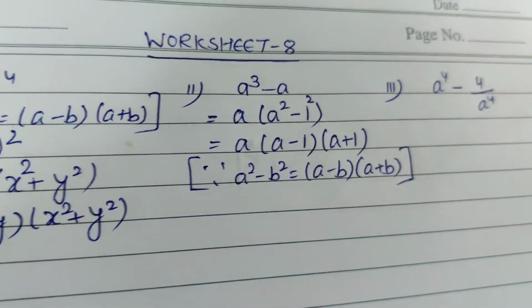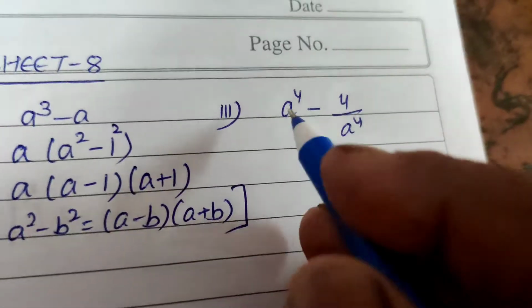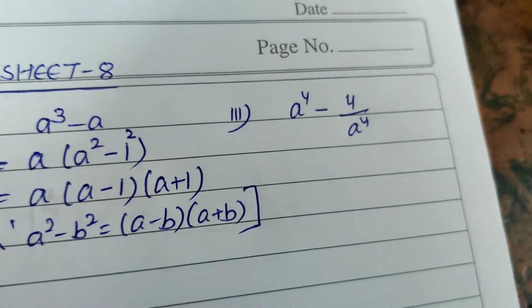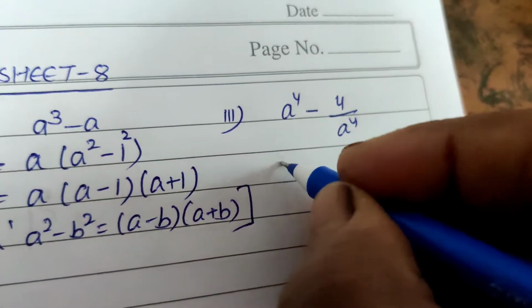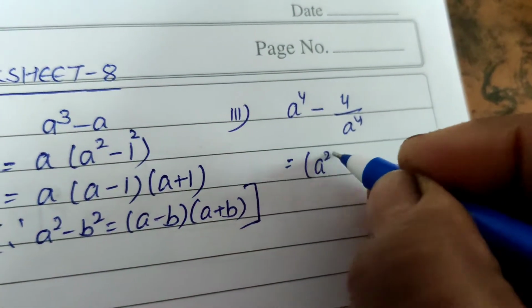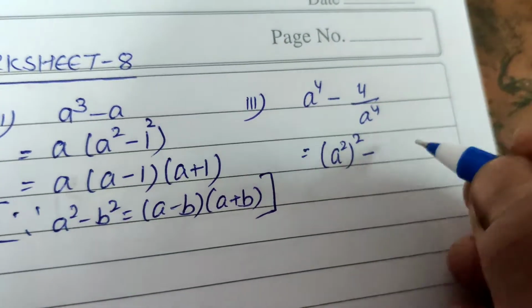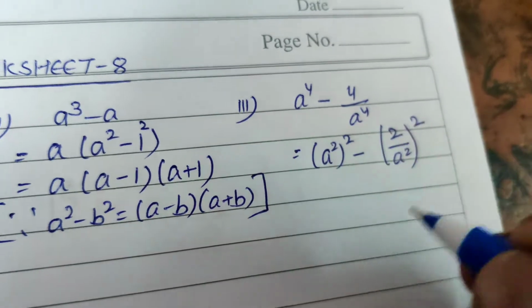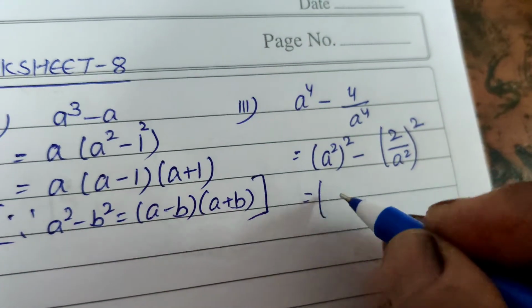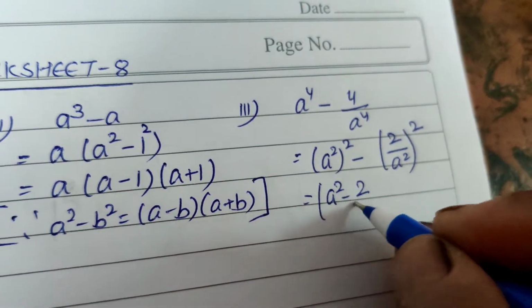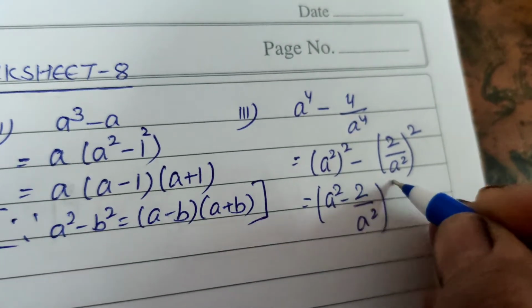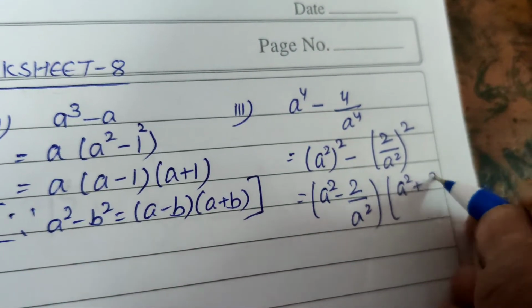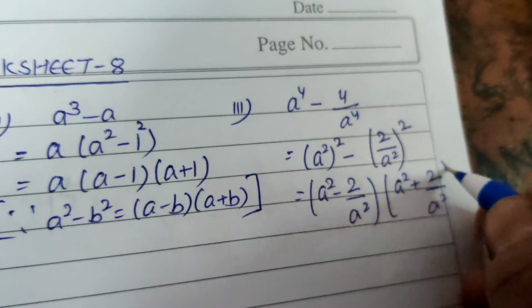Now the third one is a raised to power 4 minus 4 upon a raised to power 4. Same identity. A raised to power 4 is the square of a square and this one is 2 upon a square, whole square. So we can write (a square minus 2 upon a square) and (a square plus 2 upon a square).